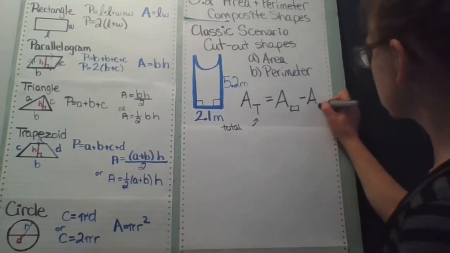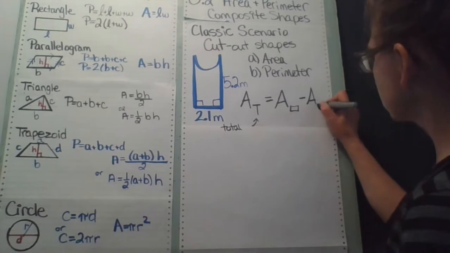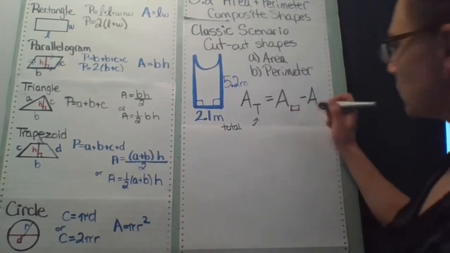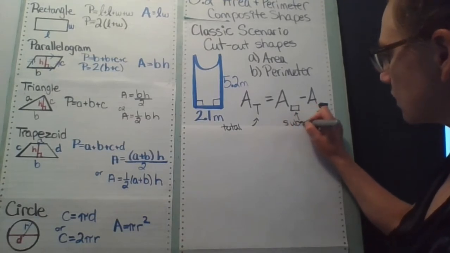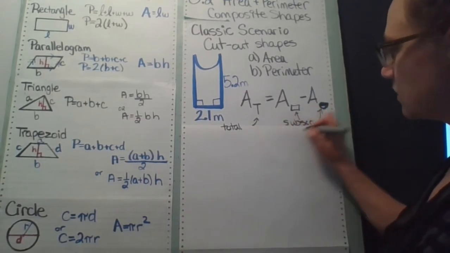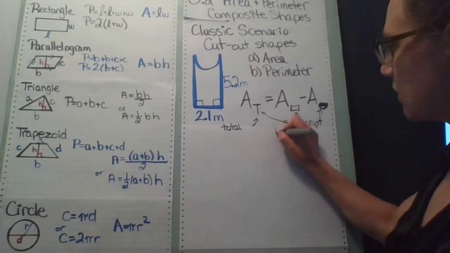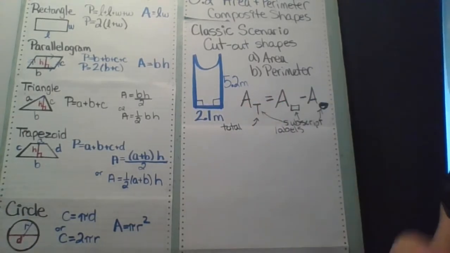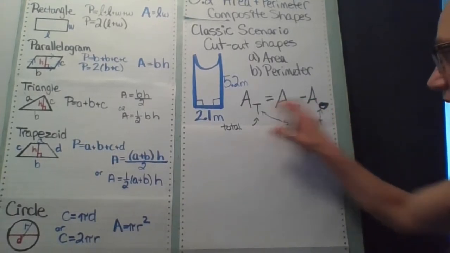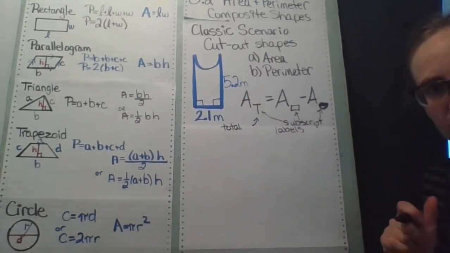Maybe I should have just drawn that as a semicircle. All right, let's fix. Semicircle, okay? So I'm using these shapes as subscripts because subscripts are labels. Because we're going to have lots of A's and lots of P's and all the rest of it. Math likes letters and symbols, so that's how we're going to set it up.